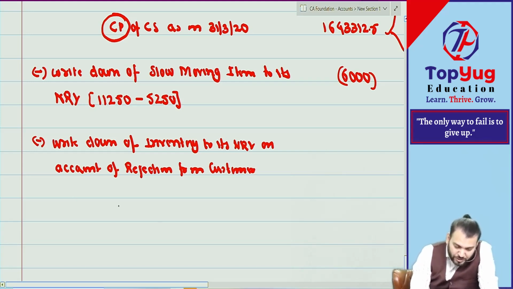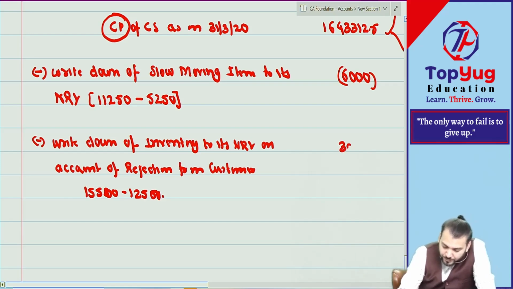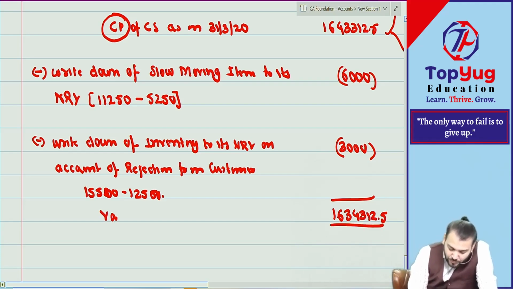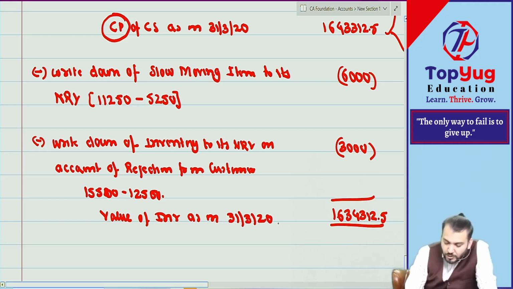So it becomes how much? 15,500 minus 12,500. How much is it? Done, all points done. It is coming to 16 lakh 34,312.5. This becomes the value of inventory as on 31st March 2020.